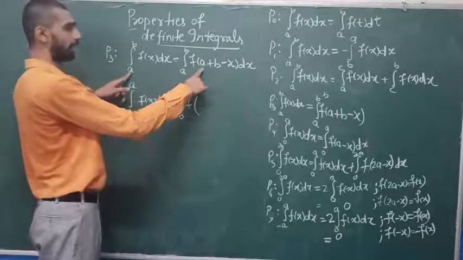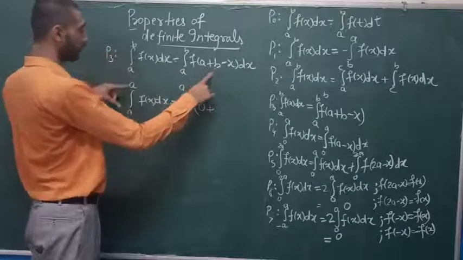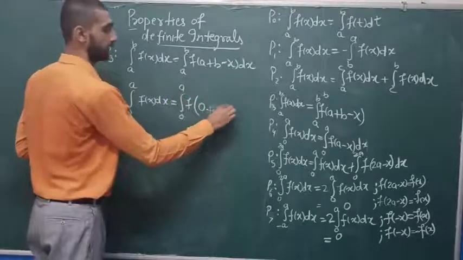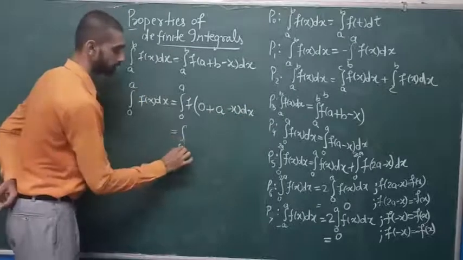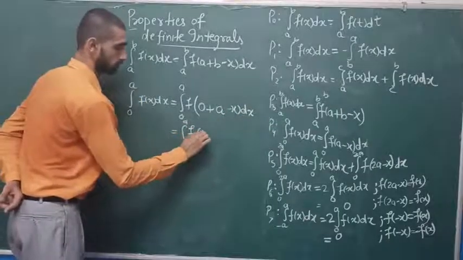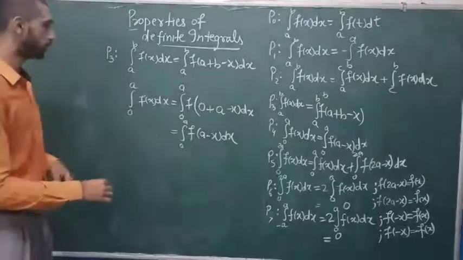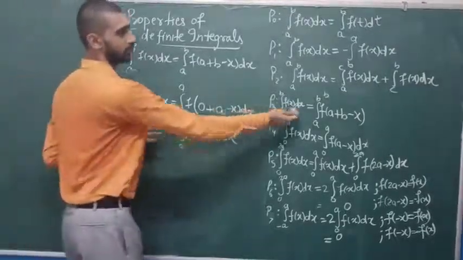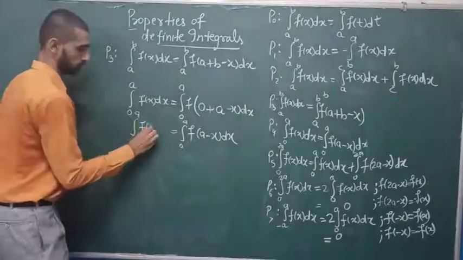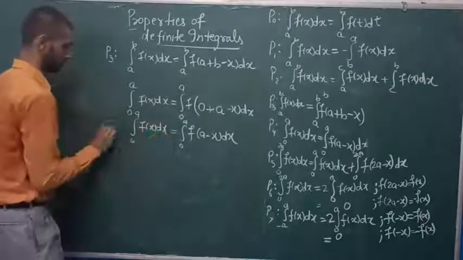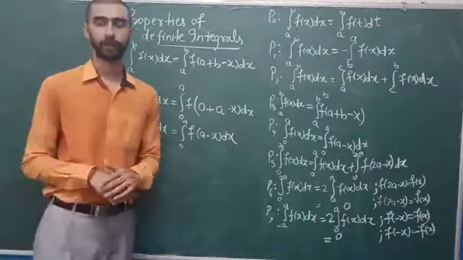In place of a I put 0, so 0 plus. In place of b I put a minus x, dx. So it will become this. This is the proof. So you can see easily this is the proof of P4. So we can say P4 is a special case of P3.